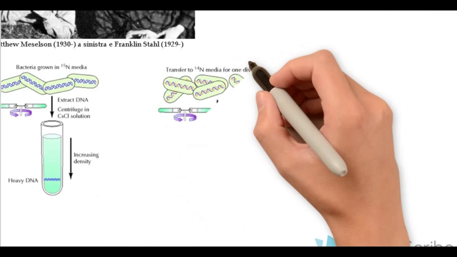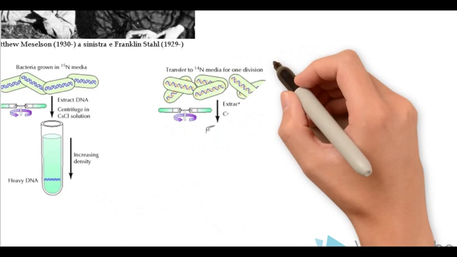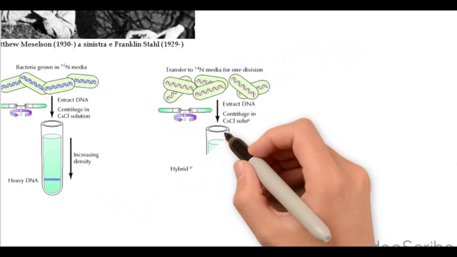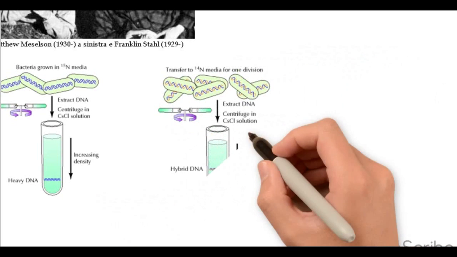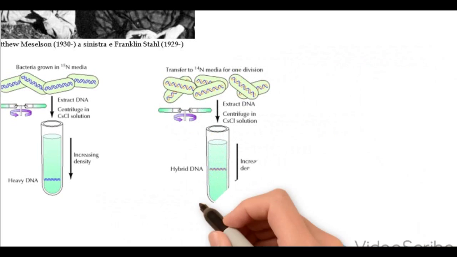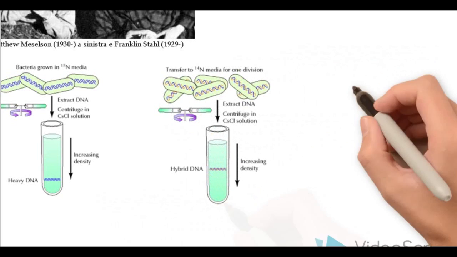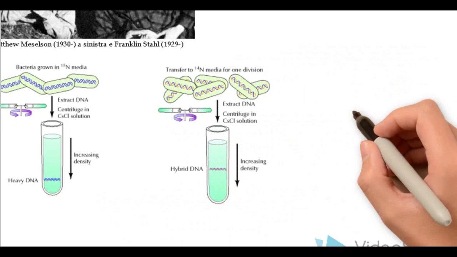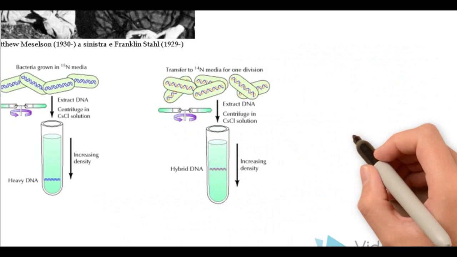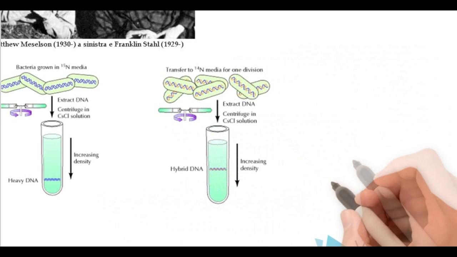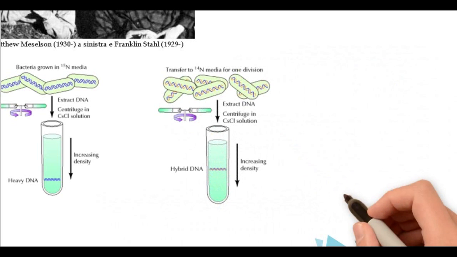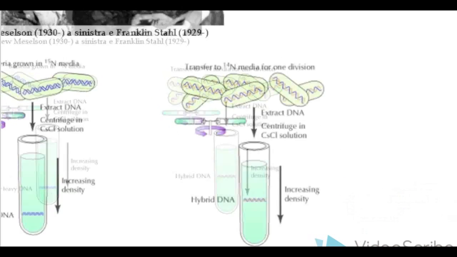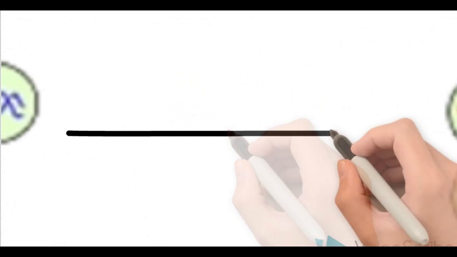When examined under ultraviolet light, DNA appeared in the centrifuge tube as a narrow band. The position of the bands of DNA was extracted from cells grown in 15N and 14N culture media. So this is a history about E. coli, how it was cultured.